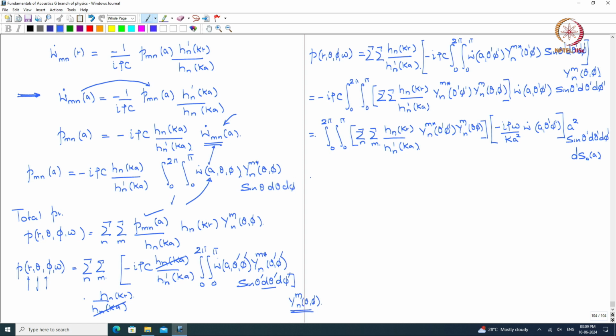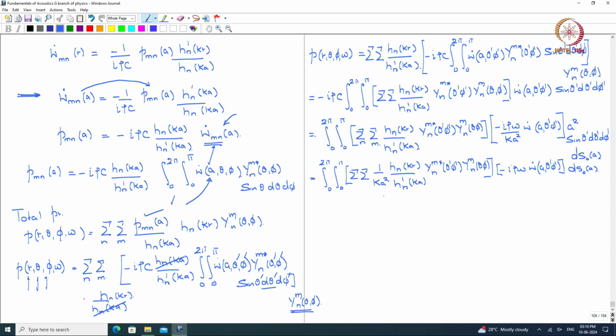Okay, so now the pressure is written as integral 0 to 2 pi, integral 0 to pi, sigma, 1 by Ka square, Hankel function of Kr, Hankel function Ka, Y_mn conjugate (theta dash, phi dash), Y_mn (theta, phi), minus i rho omega w dot a (theta dash, phi dash) dS0 of a.